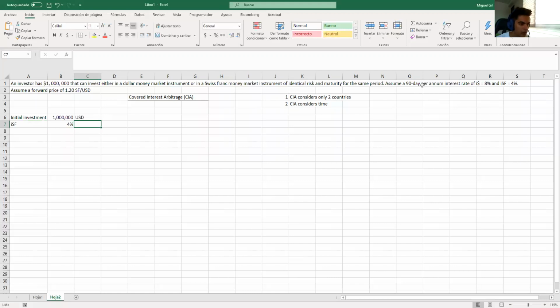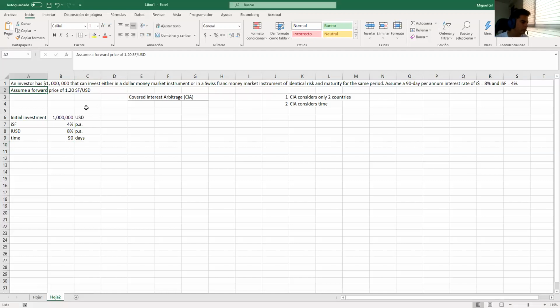It doesn't say, but it should be. It only says that it's 90-day, the capitalization of this rate is 90 days, but it should be annual too. Then the next thing is that the interest rate of the US dollar is 8% per annum. And finally, it says time. It is 90 days.